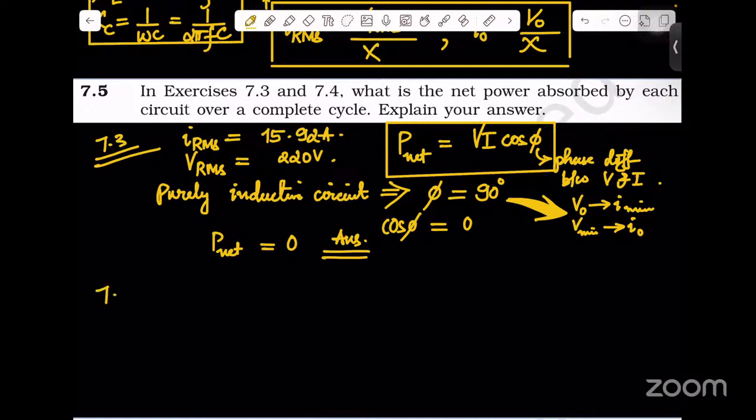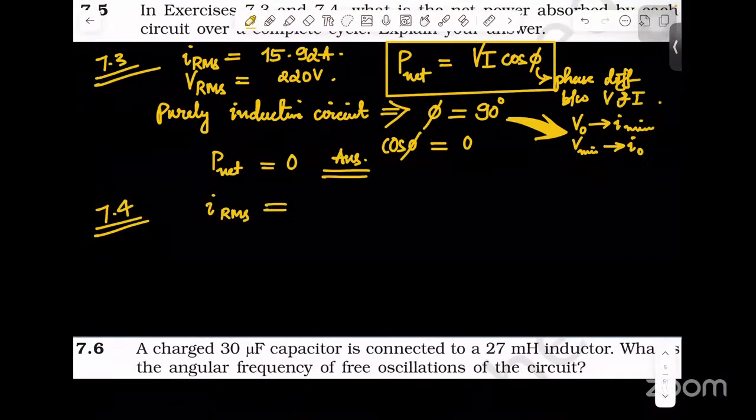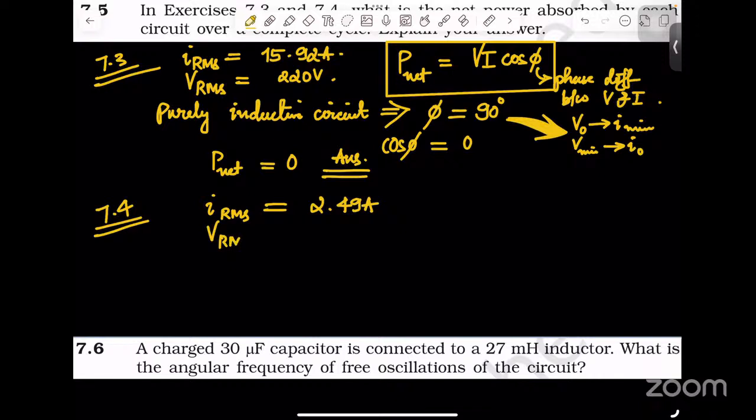Now in exercise 7.4, we had the RMS current, which is 2.49 amperes. The RMS voltage was given to be 110 volts.